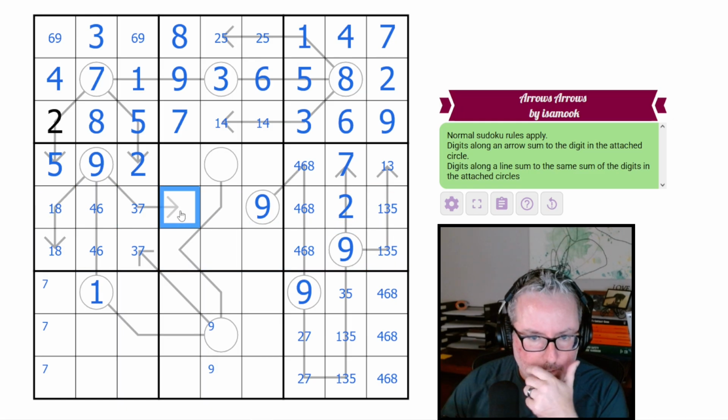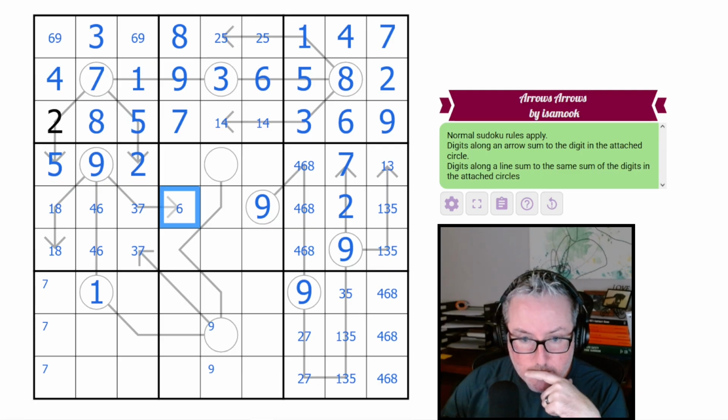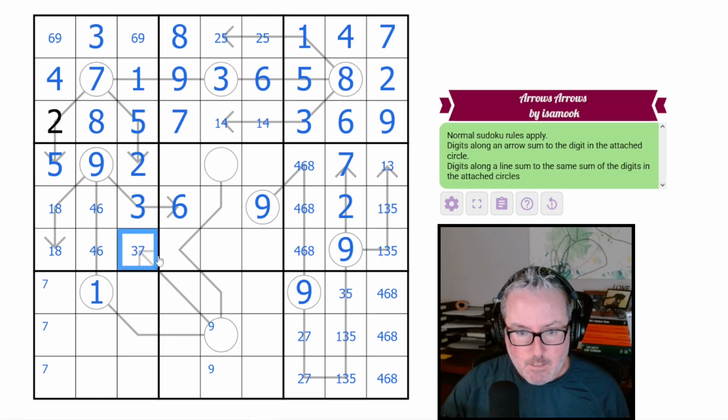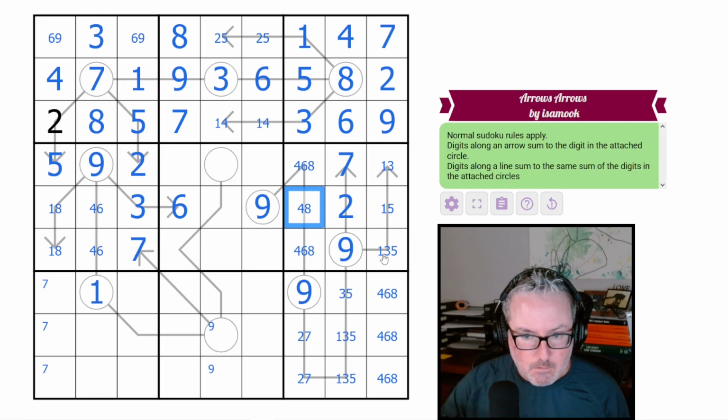Let's see if this 3, 7 works. If it's a 3, this would have to be a 6. If it's a 7, it has to be a 2. It can't be a 2. This is 6, 3, 7. This can't be 3. This can't be 6. Remember to cut across and look at everything. Okay, it seems to be good to go.